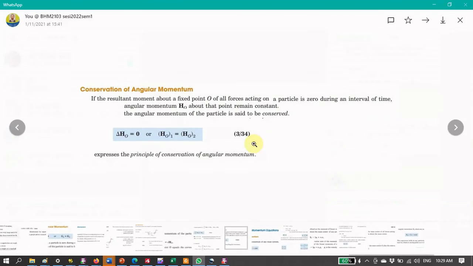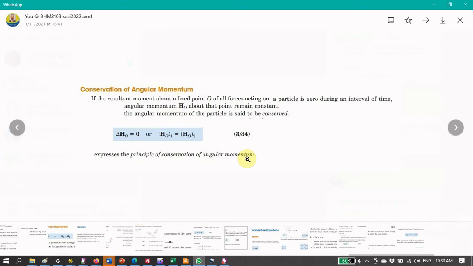And finally, we look at the conservation of angular momentum. When there is no total angular impulse, the problem leads to the principle of conservation of angular momentum.